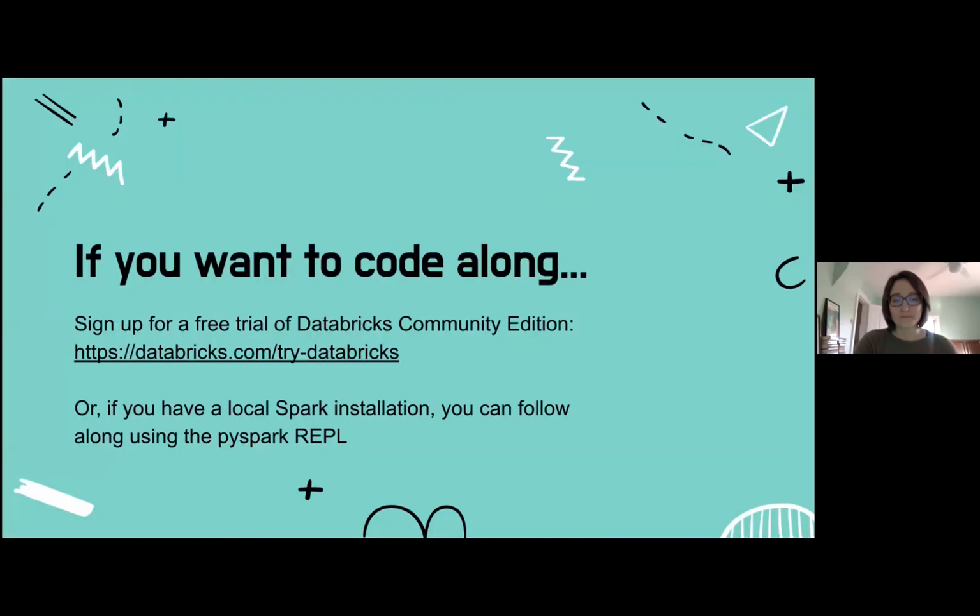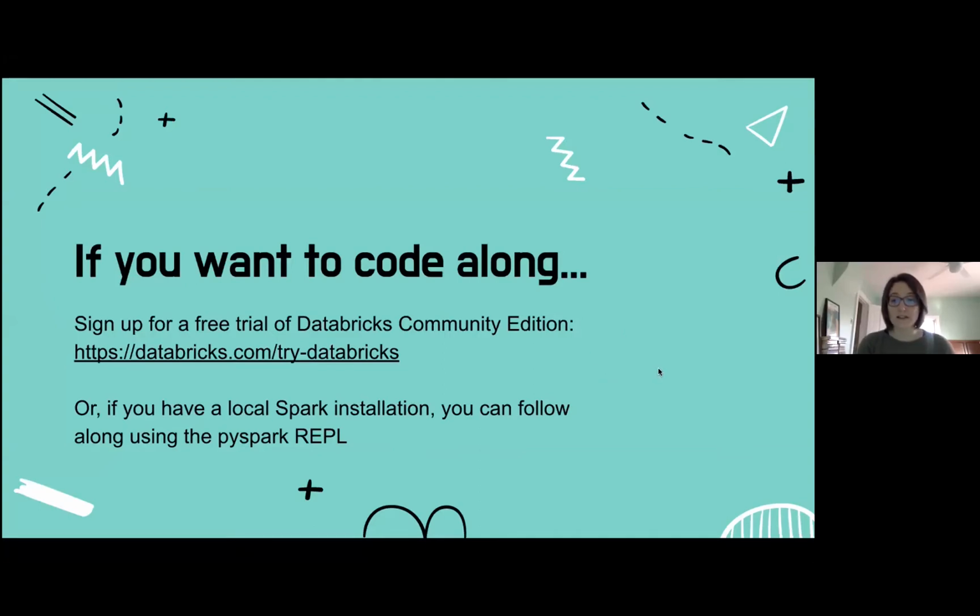So, if you want to code along today, this is totally optional. If you want to code along because that's how you prefer learning, then you can. You should be able to sign up for a free trial of Databricks Community Edition if you go to this link. Maybe, Michael, could you drop that in the chat? I don't really have my chat window available to me right now.